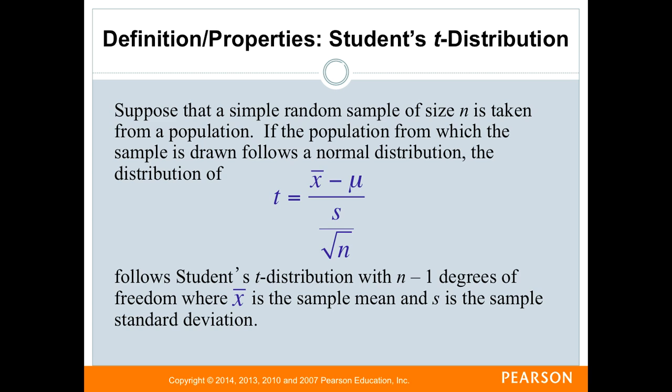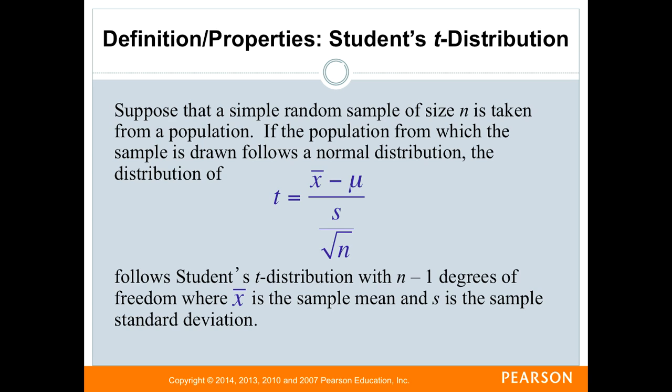Now, I want to talk about Student's t-distribution, because instead of using the normal distribution, we are using Student's t-distribution now. Let's suppose that a simple random sample of size n is taken from a population.